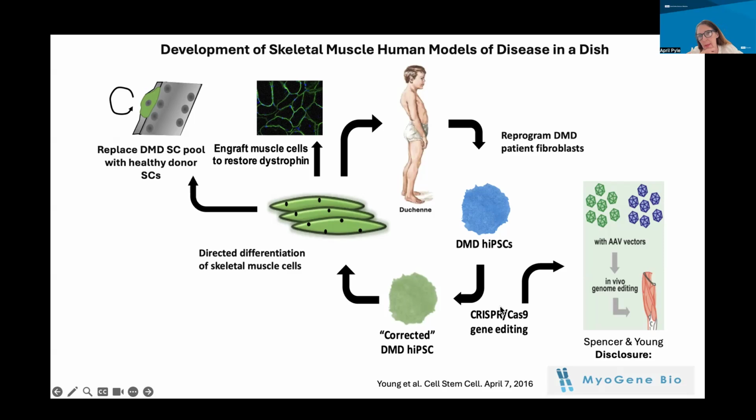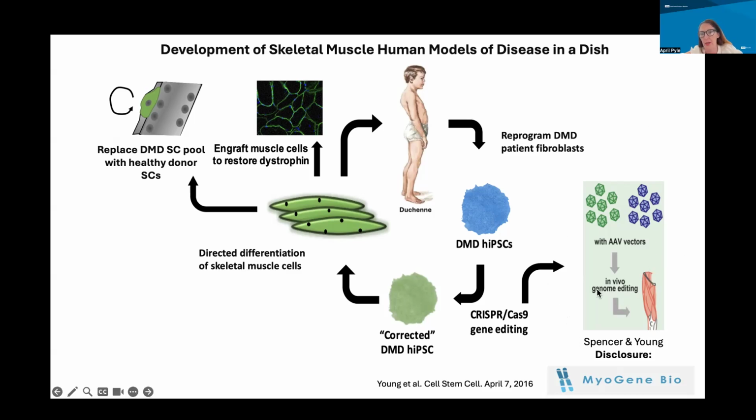This was done in collaboration with Dr. Melissa Spencer, also at UCLA, where we can restore the reading frame of this protein. This will restore dystrophin and functionality to the skeletal muscle cells. It's a powerful way to use iPSCs to model diseases, to develop therapeutics, and to have an impact on these patients.